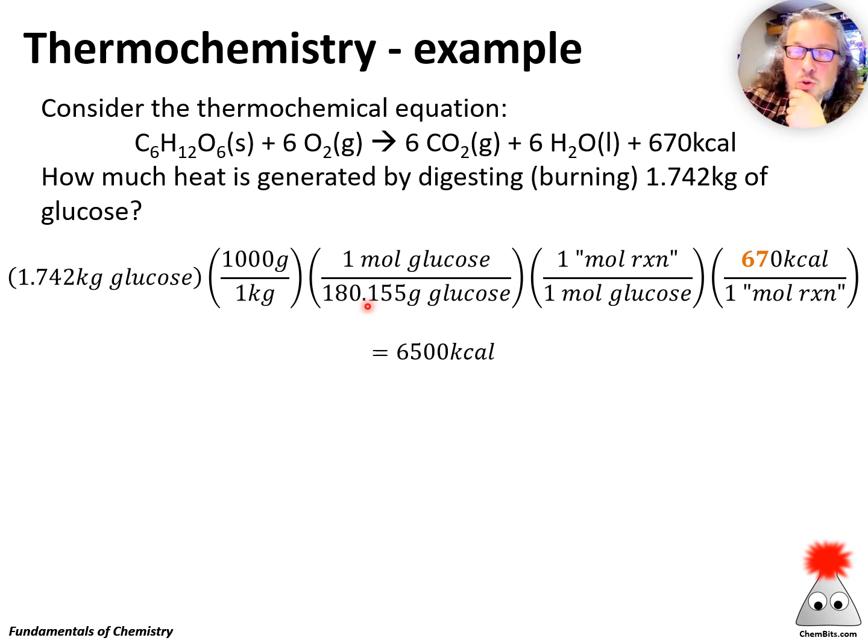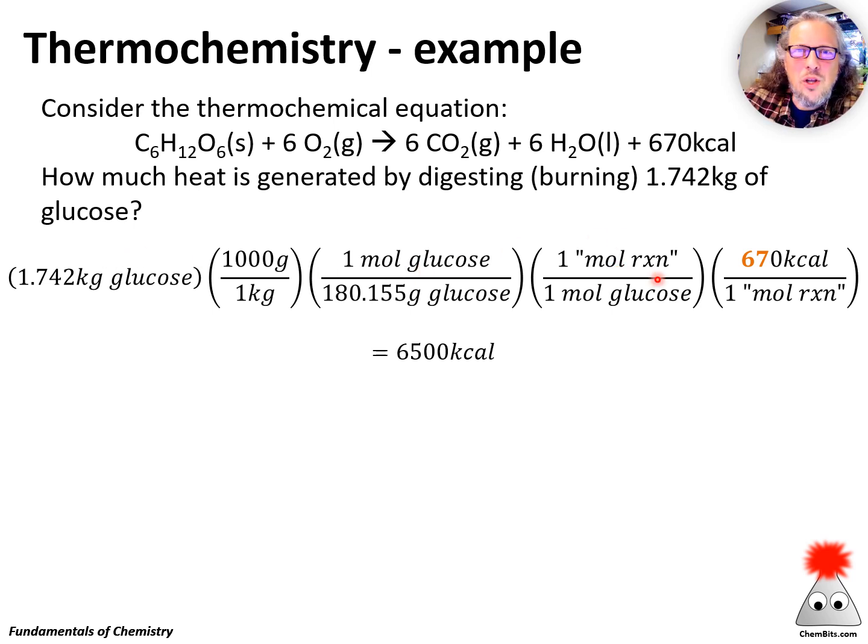Step 3, use the relationship in the balanced chemical equation to convert moles of what we know, glucose, to moles of what we're looking for. And this is where this new term comes up. Some places use this a little bit more, some places use this less, but we've got 1 mole of glucose per mole of reaction, as I've described it here.